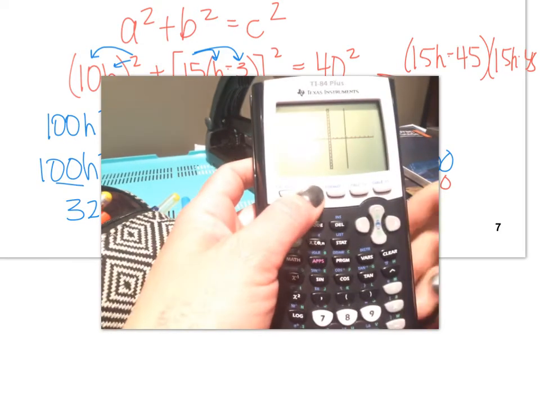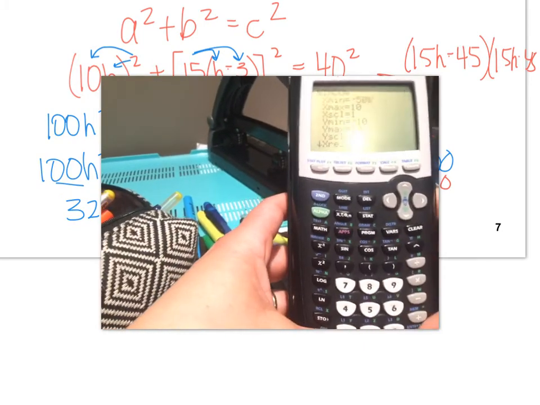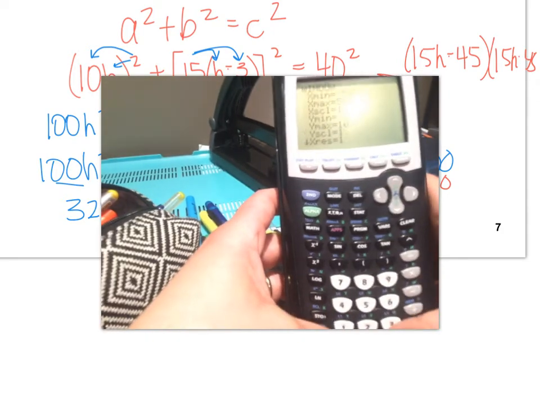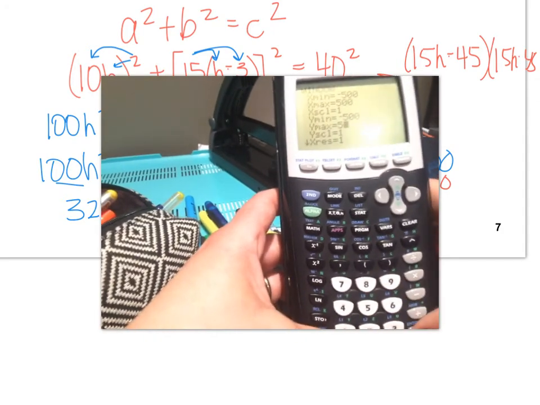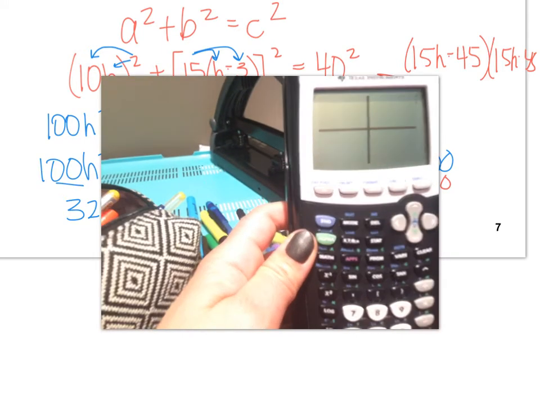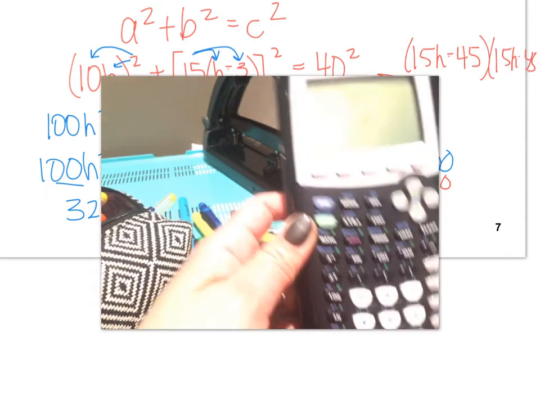Now, our window is way too small, so I'm going to change this to negative 500 and 500 and negative 500 and 500. Oh, and now I might have made it too big.